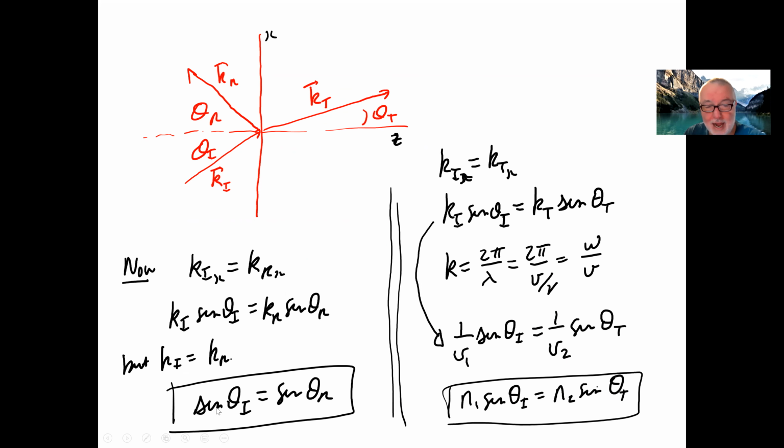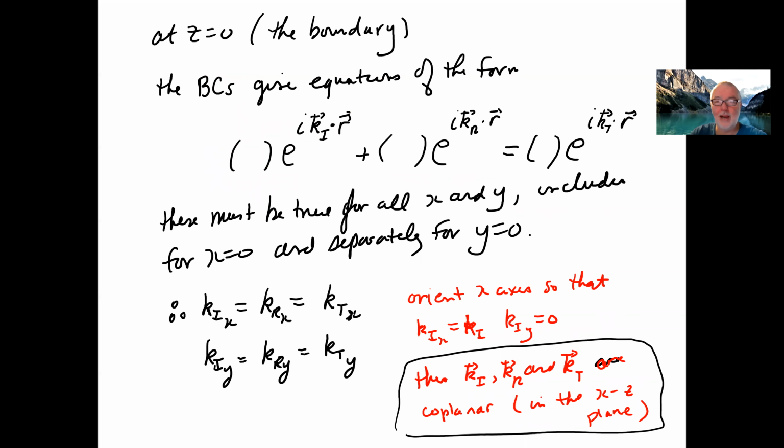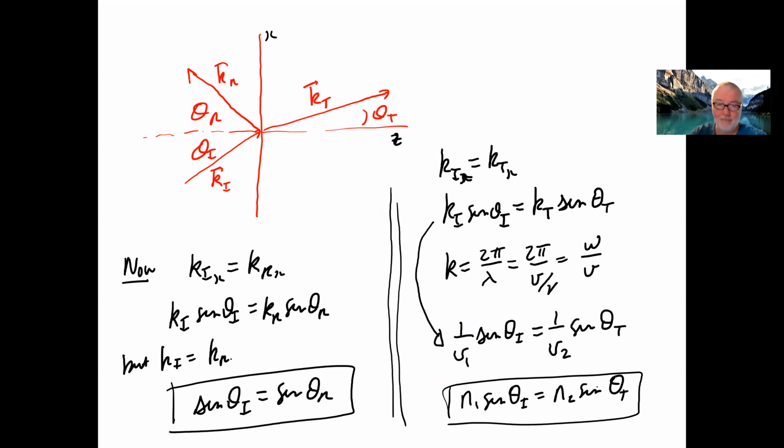And that tells me that the sine of the angle of incidence is equal to the sine of the angle of reflection, which is that fundamental result from optics: the angle of incidence equals the angle of reflection, right? And again, I'm just getting this by thinking about what must be true in order for this general relationship that has to be there because of the boundary conditions to be true.